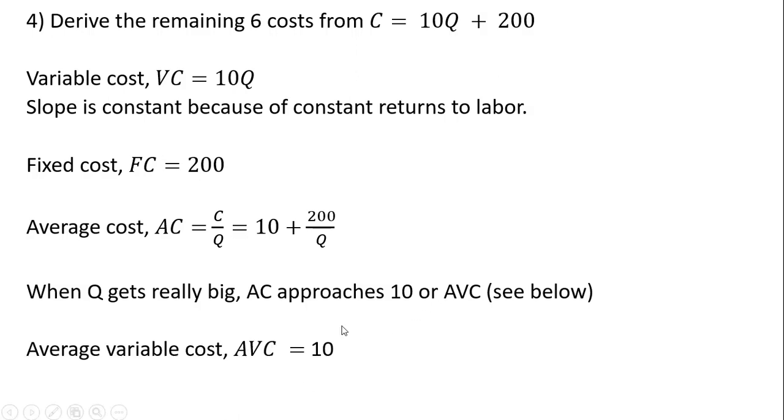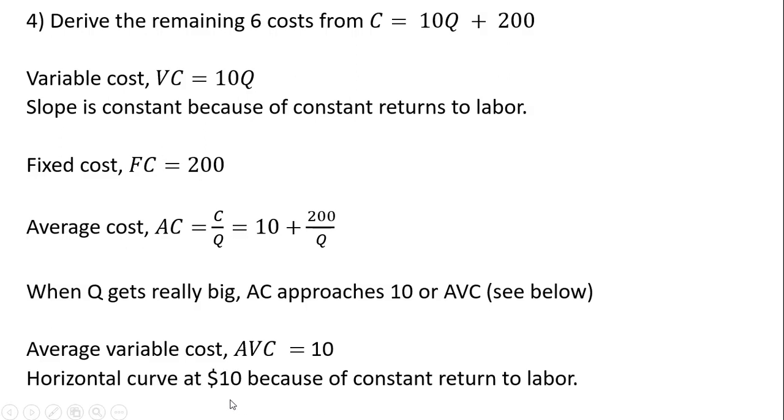For average variable cost, we're going to take variable cost and divide it through by Q. So 10Q divided by Q leaves us with average variable cost equal to $10. Average variable cost will be horizontal. If you were to graph it, it'll just be horizontal at a value of $10.